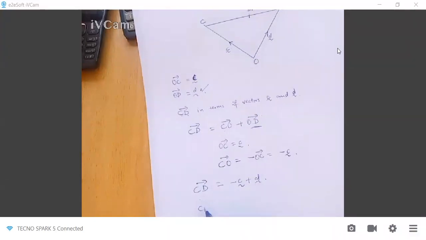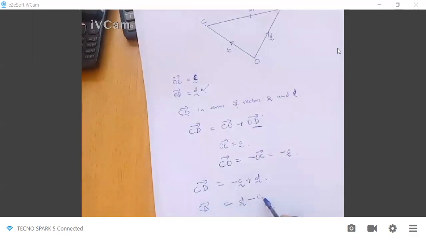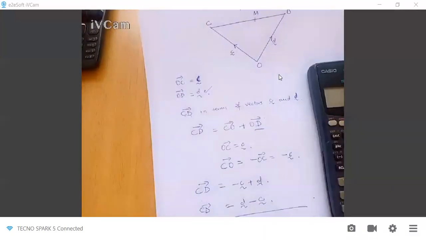So CD equals, you can write the positive first, d minus c. So that is clear, right?